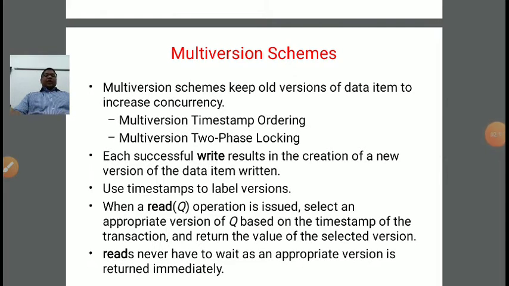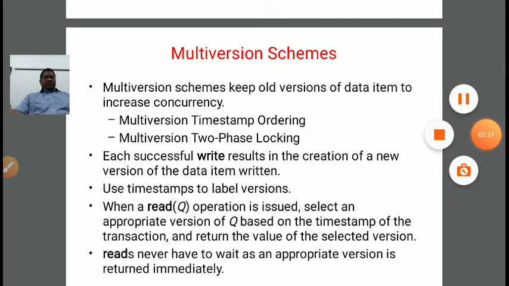Now next, when a read operation on a data item Q is issued, then select an appropriate version of the data item Q based on the timestamp of the transaction.